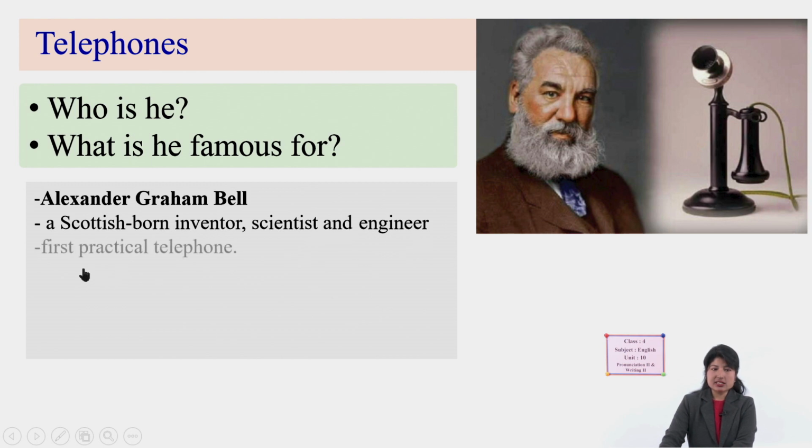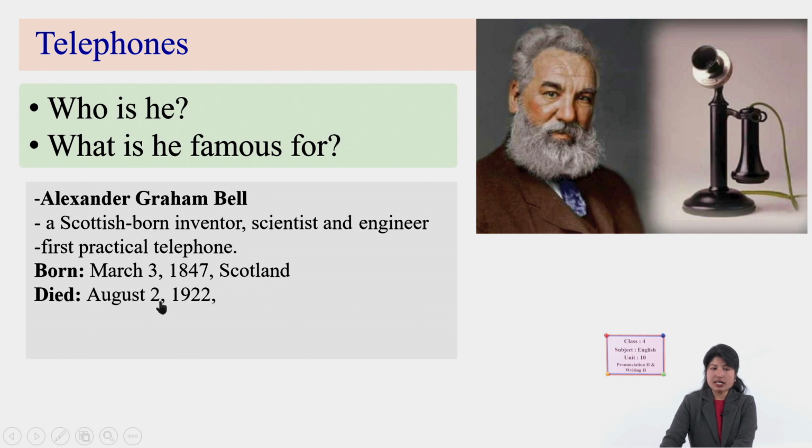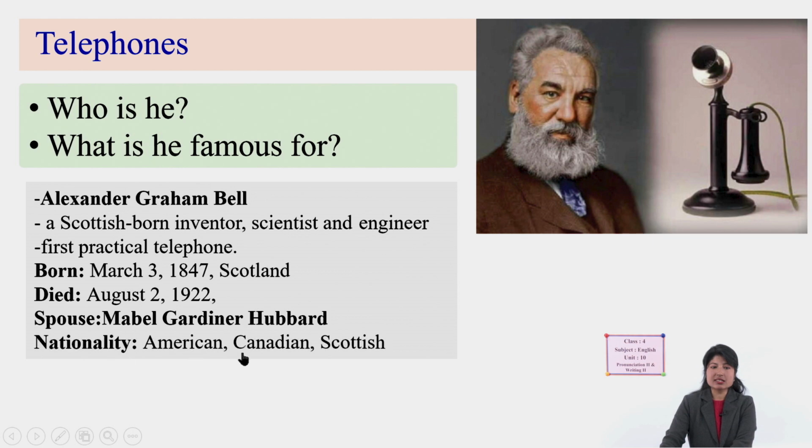Scientist and engineer. He invented the telephone. He was born on March 3rd, 1847 in Scotland, and died on 2nd August 1922. His spouse was Mabel Gardiner Hubbard, and his nationality was American, Canadian, and Scottish. So, we do remember about him.